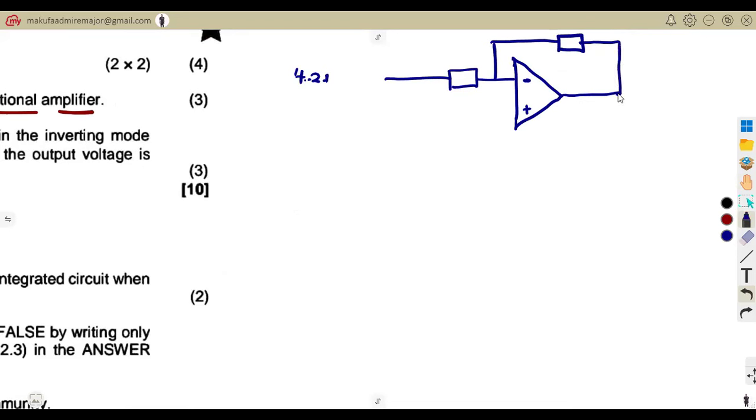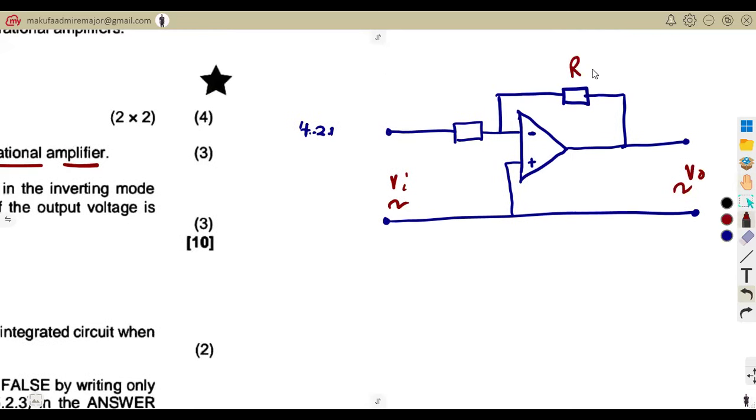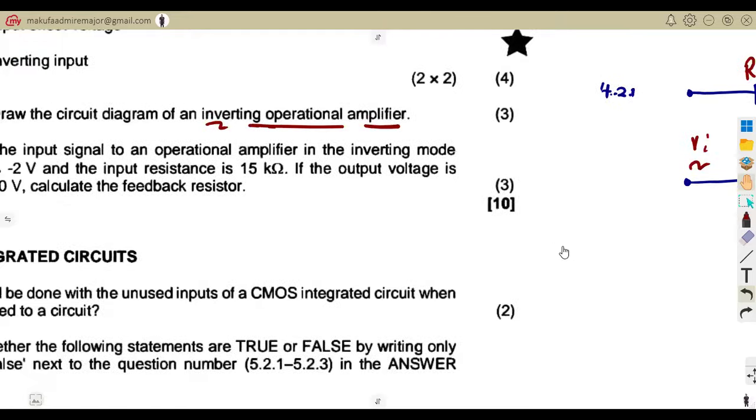And from there, we relate to the output. That's the input voltage and also our output voltage, considering our feedback resistor and at the input, which we can call R1. So that was our diagram.